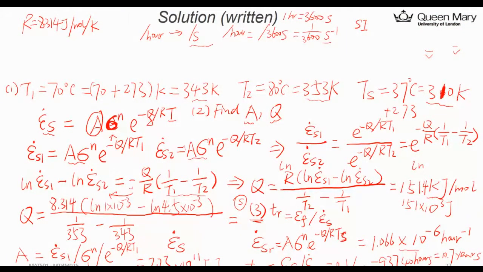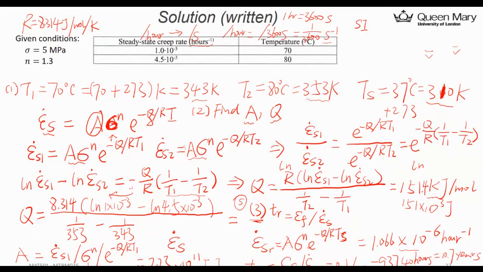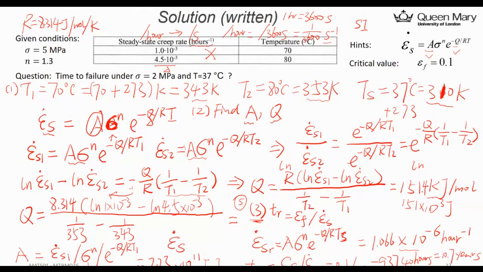So let's come back to the questions. Like I just said, whether we should convert the unit from per hour to per second, the answer is no, we don't need to do that. Just keep it. The reason is that the units in the equation will eventually cancel out, because of the constant A, where we are considering this unit.